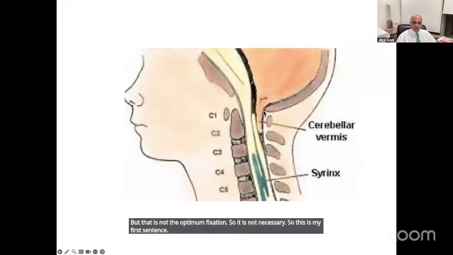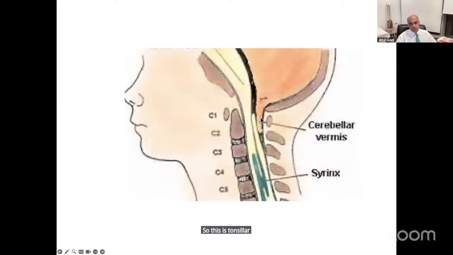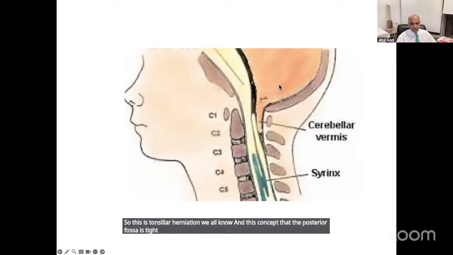So this is tonsillar herniation, we all know. And this concept that the posterior fossa is tight in tonsillar herniation, and that is why the tonsils herniate, this concept I had introduced in 1998. And now I'm saying this concept is not correct.